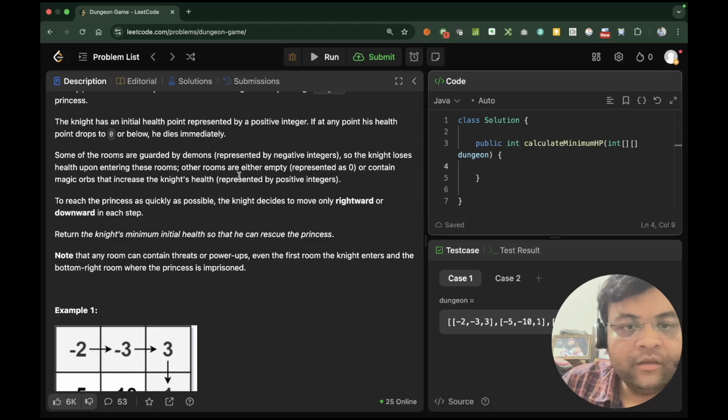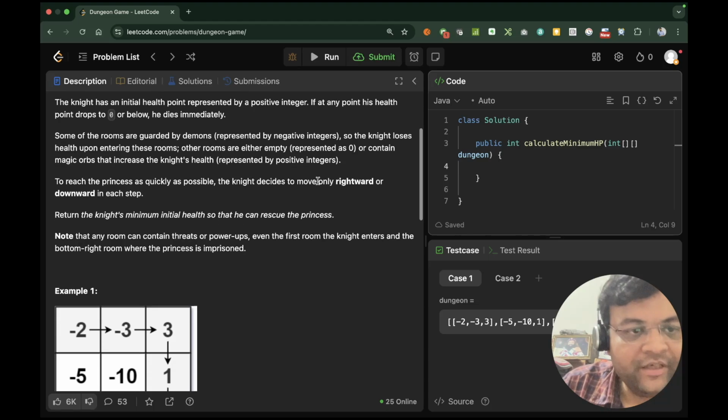So the knight loses health upon entering the rooms with negative numbers, and other rooms are empty, maybe 0, or contain magic orbs that increase the knight's health, which are positive integers.